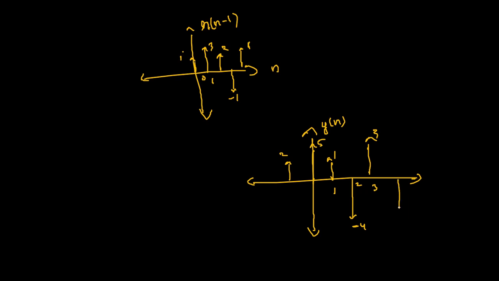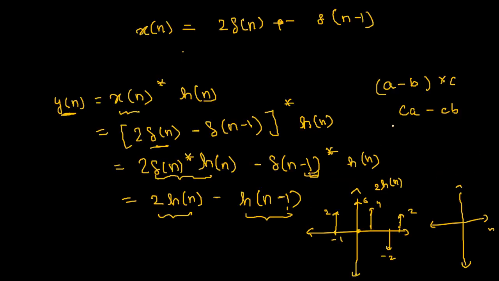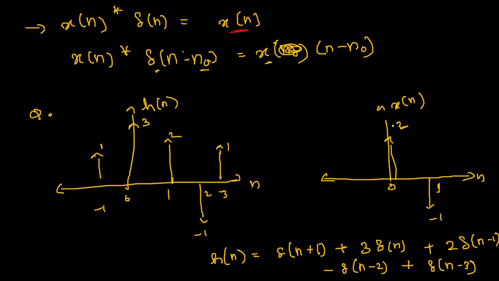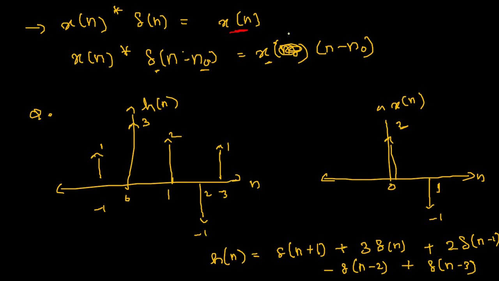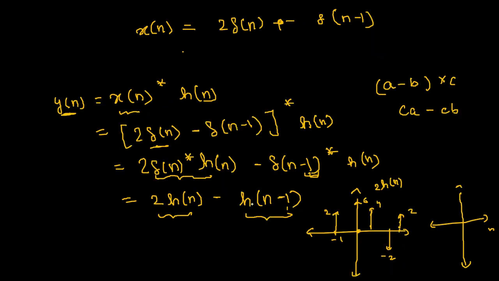So this is minus 1, right? So this is the final graph of y of n. Just to go through what we did again, we represented both x of n and h of n in terms of delta functions, and then we applied convolution to each delta function part individually, and then we used our delta function properties, these two properties, and we simplified it.